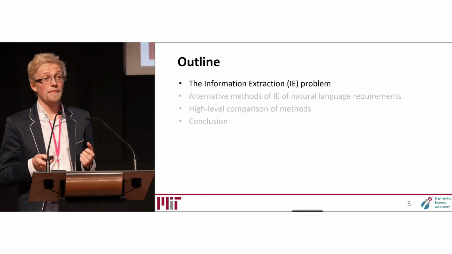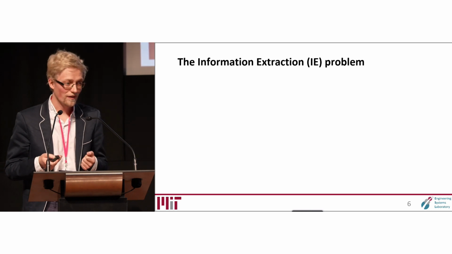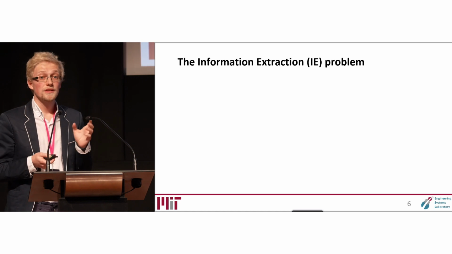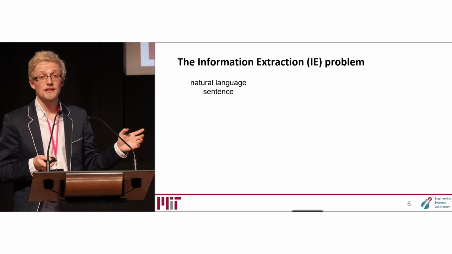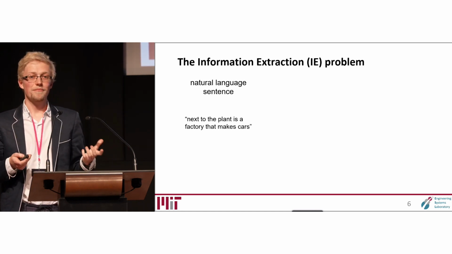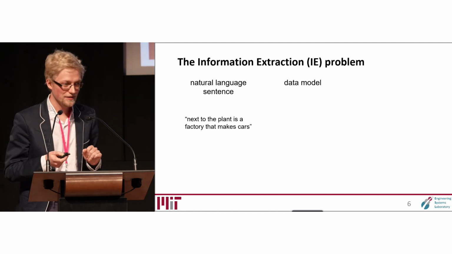And so let's take a step back from requirements, because this is a natural language processing problem in general. The information extraction problem takes 2 things. You take a natural language sentence, like "next to the plant is a factory that makes cars," and explicitly pick a sentence that was not a requirement.